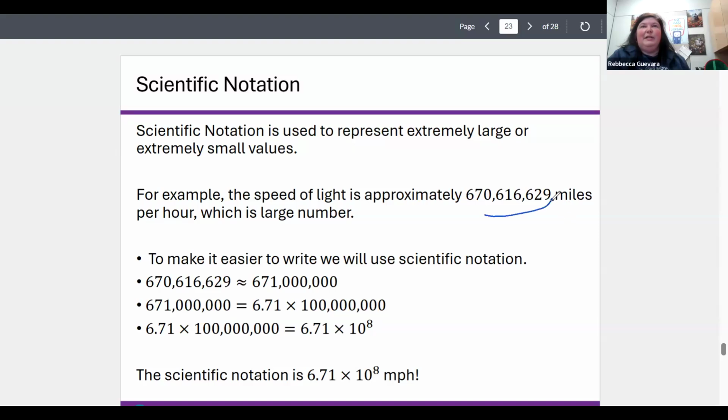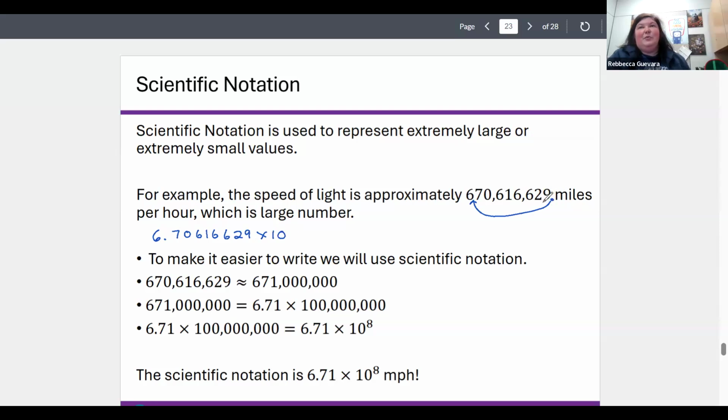We want to move that decimal place up here. We usually simplify it down to maybe 2 or 3 places. So this is really just going to be changed to 1.7061629, and we'll simplify here in a second, times 10.